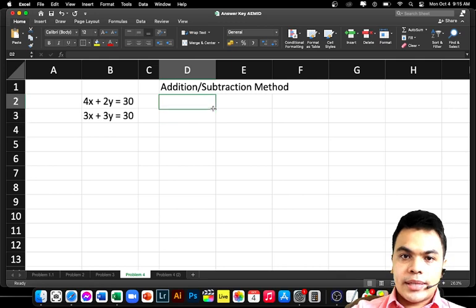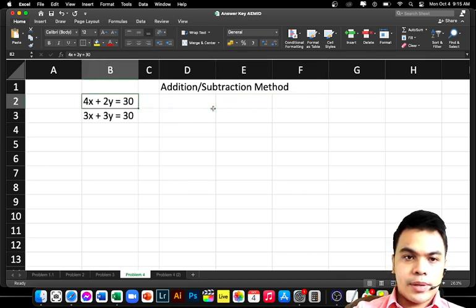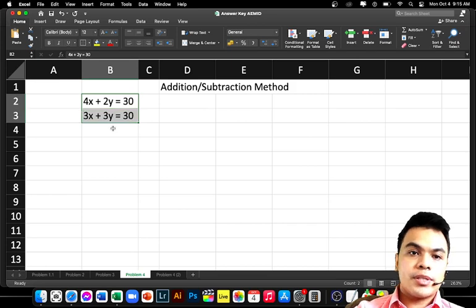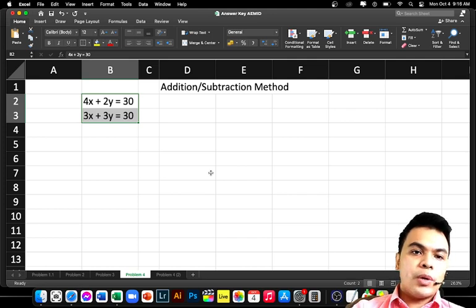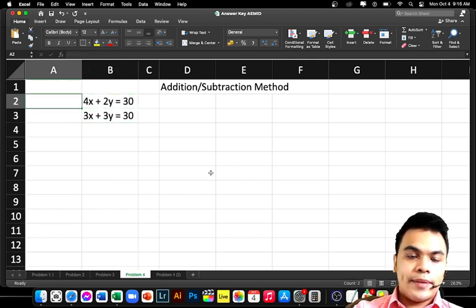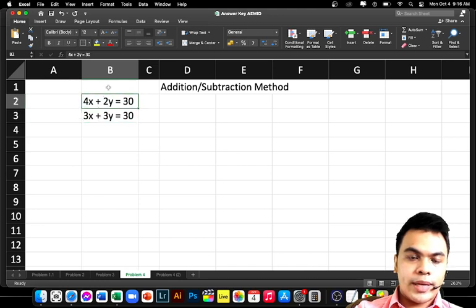So let's start with the addition or subtraction method. Our goal is to eliminate one of the variables, whether x or y. But if you can see, they are not the same. So how can we eliminate? One way to do this is to multiply the equations by a common factor so that one variable would be the same.